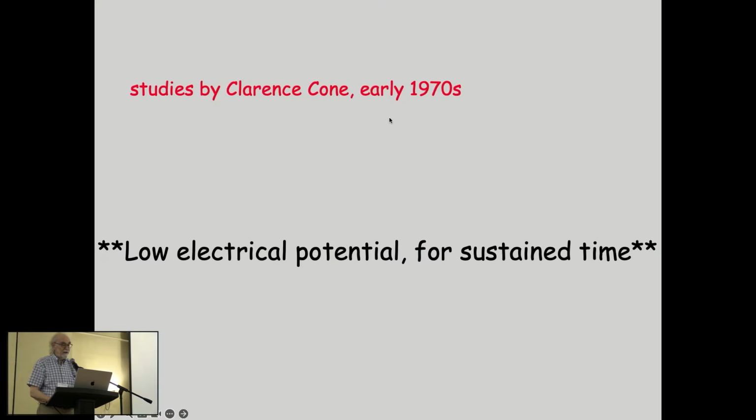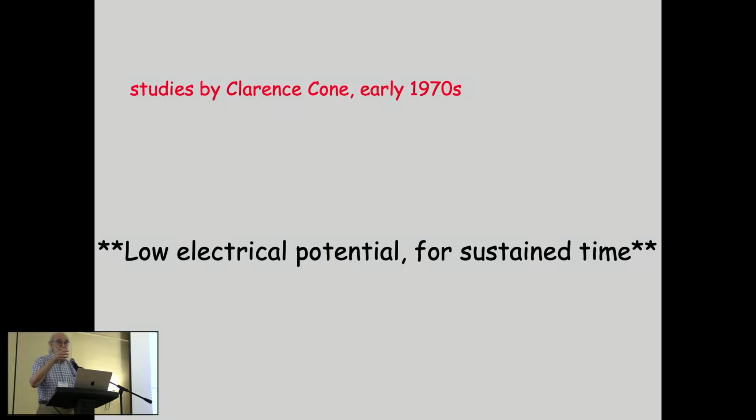And I went back and I found studies by a guy named Clarence Cone 50 years ago. And what he found is that if you take a cell and you reduce the electrical potential to something close to zero and hold it there for a while, the cell will divide, any cell.